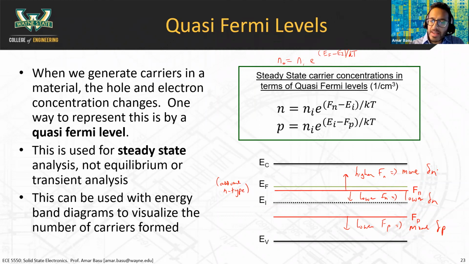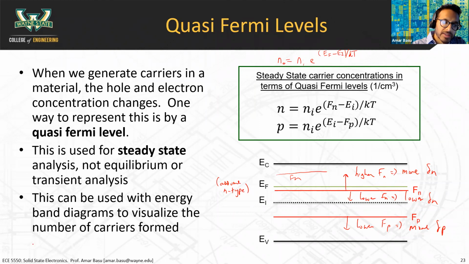If I see that F sub N is below E sub F, that means I haven't really changed the electron concentration by all that much. If F sub N goes above E sub F, like for example, if F sub N was way up here, then I would know that I've changed the electron concentration quite a bit.